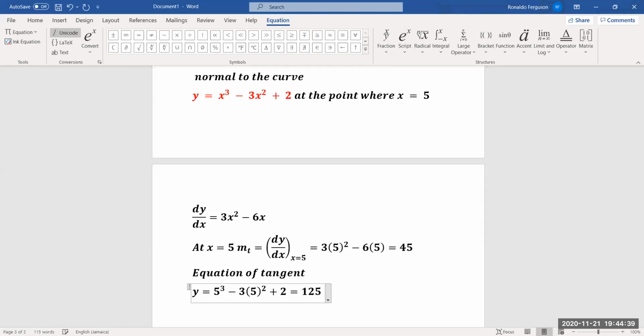Yeah. 125 minus 75 plus 2. What's that? 52. Very good. 52. Nice.